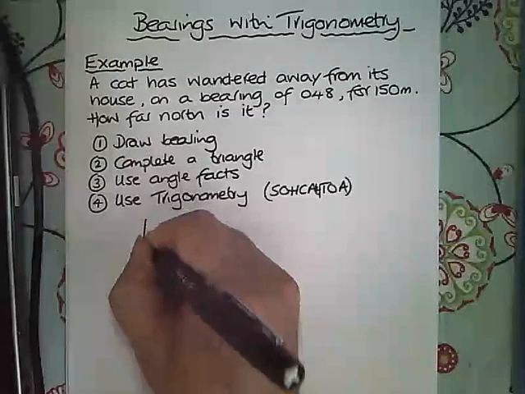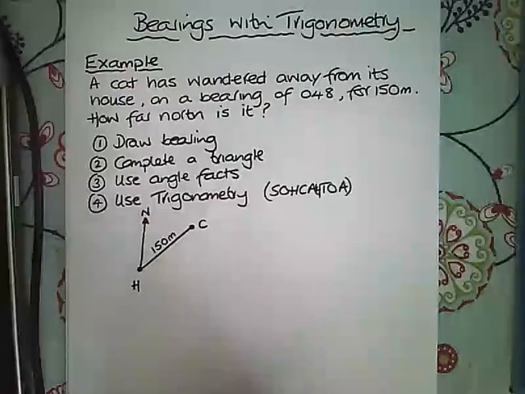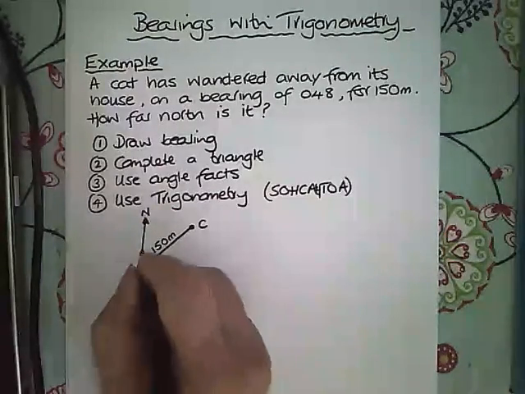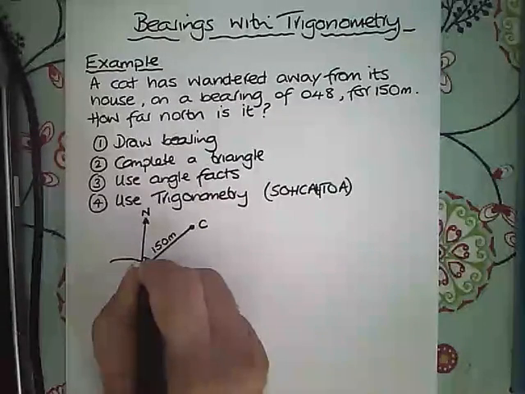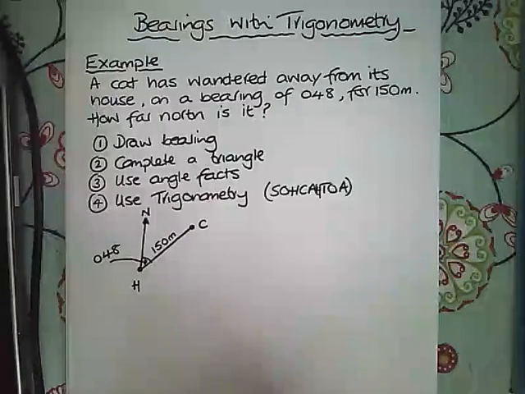We have got our north line here on the diagram, and we are told that this angle here, that is the bearing, 048. So that angle in there is 48 degrees.